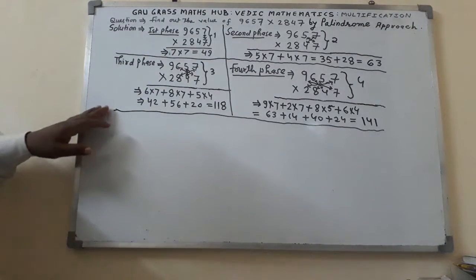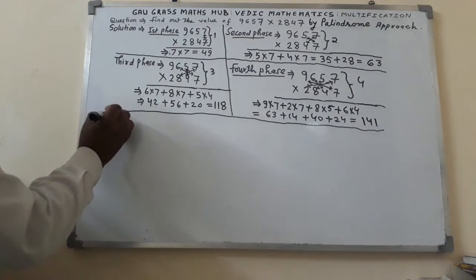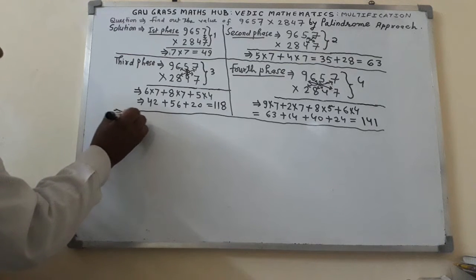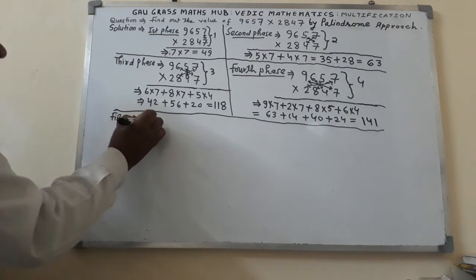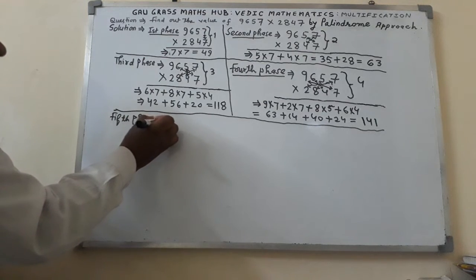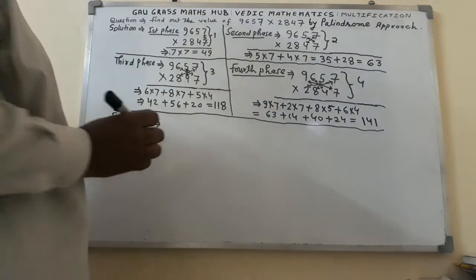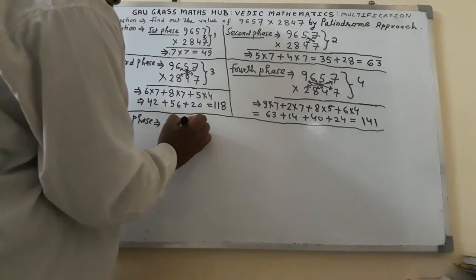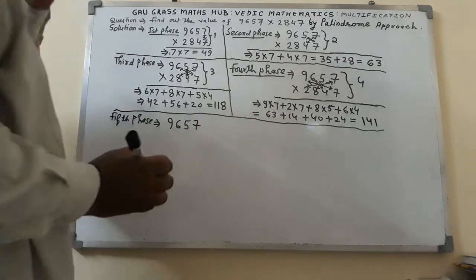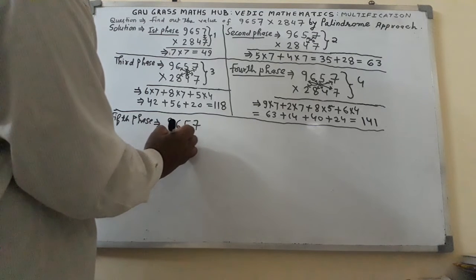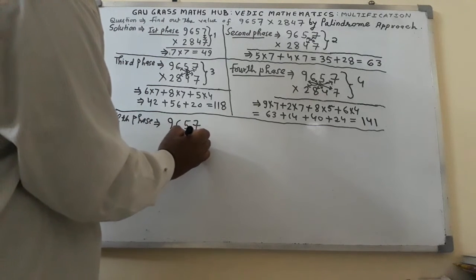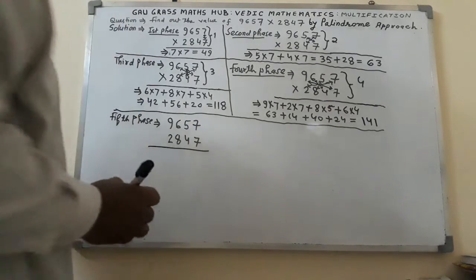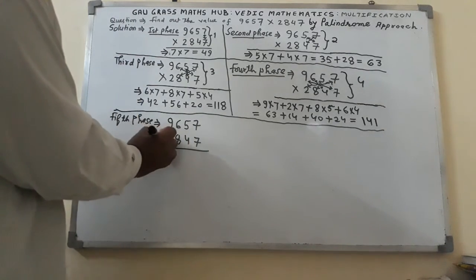Now next concept I shall write fifth phase. Fifth phase implies that for fifth phase here write 9, 6, 5, 7 multiply to 2, 8, 4, 7. Let us see here multiply.